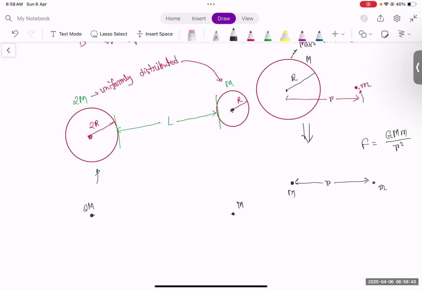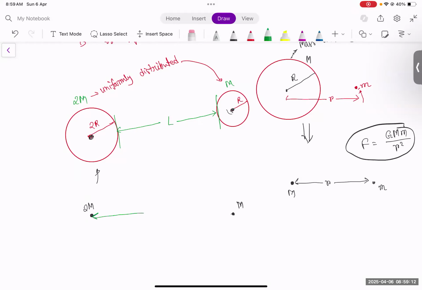So now I need to take the center to center distance to find the distance between two point particles. Note, I can't directly find the force between the spheres, but what I do know is that when I am outside the sphere, it behaves as if all of its mass was concentrated at its center. That's why when I use GMM by r square, the r I have to use will be the center to center distance.